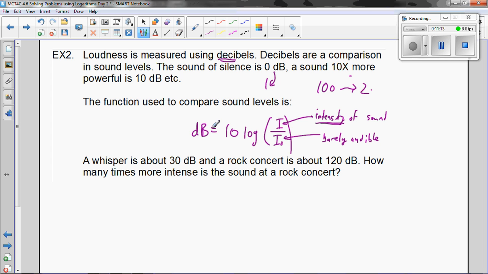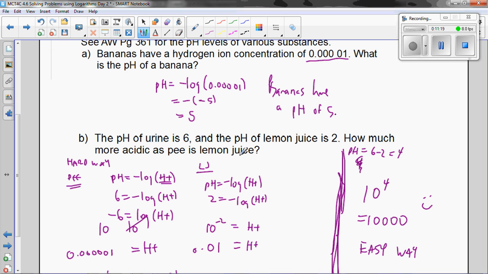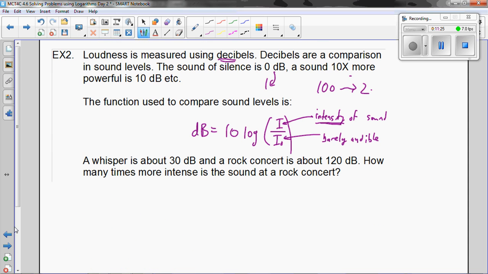Well, I could use the hard way, just do a calculation and divide at the end to figure out how many more times as loud. But I can see the decibel difference is 90 decibels.